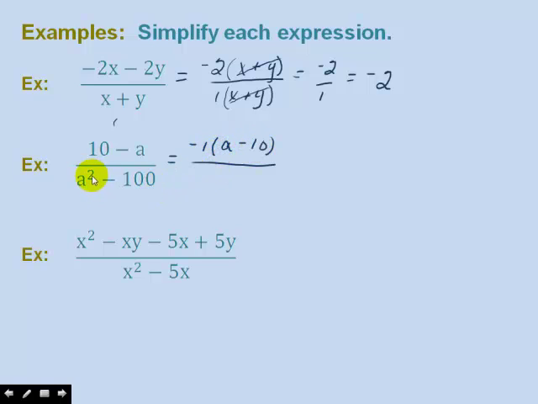Now on the bottom, we want to factor this also, and notice that we have a squared here and we have 100 here. Remember, 100 is the same as 10 squared. So this we could factor as the difference of squares.